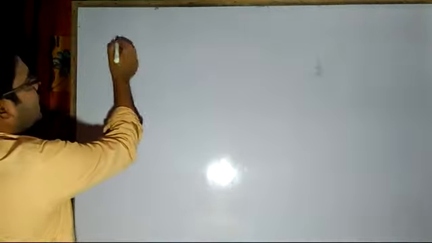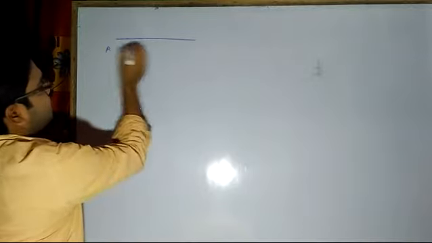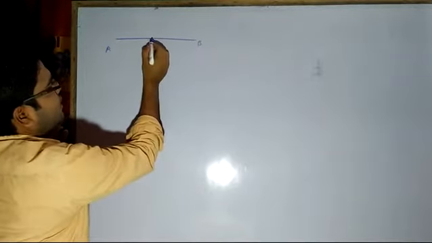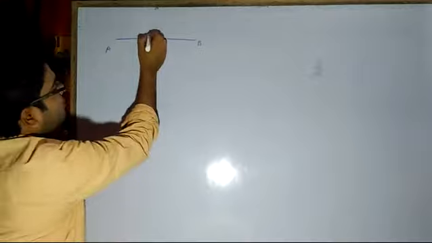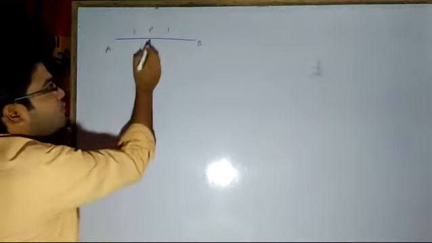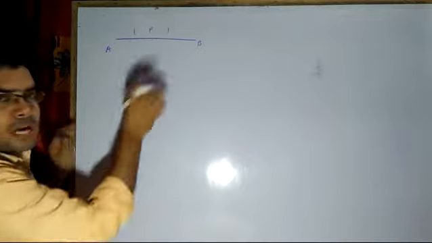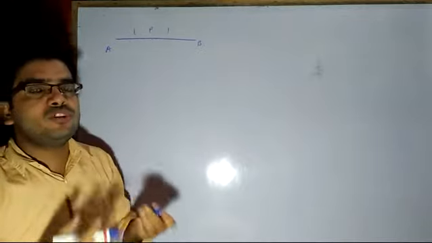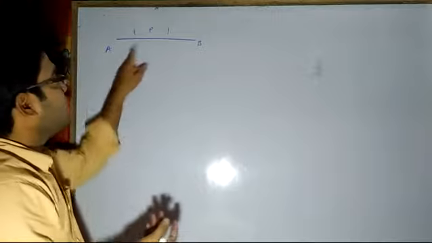So suppose a line is there, AB, and it is divided in the ratio 1:1. That means point P is the midpoint, so definitely it will be in the ratio 1:1. If any point is a midpoint, that means the two parts are equally divided. Either it will be 2:2, that means 1:1 only. So 1:1.